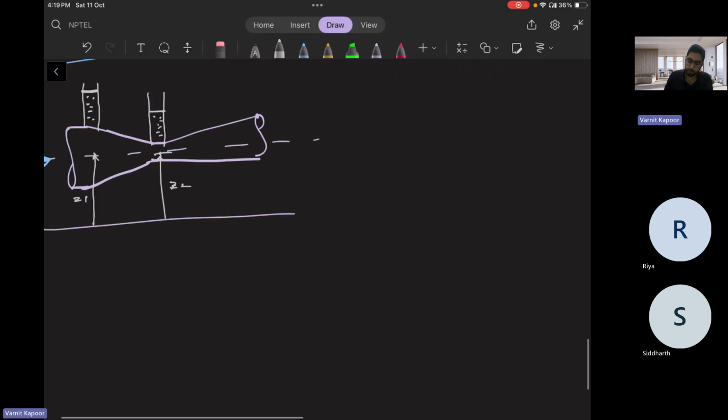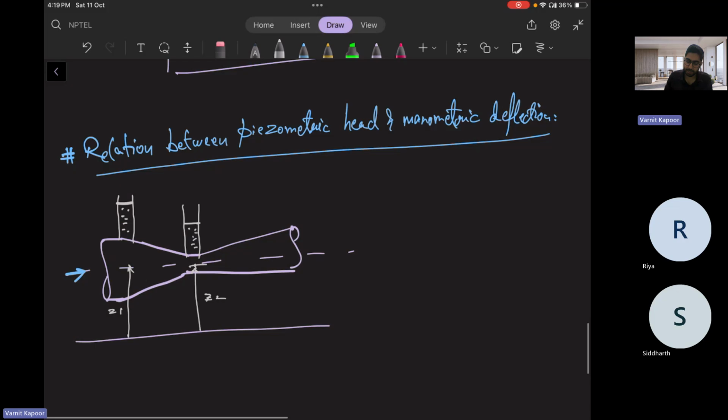But suppose the piezometric head difference is up to like 40 meters. You cannot have such a huge piezometer if the difference is very high. Then what do you do in such scenarios? You convert this into a manometric setup.